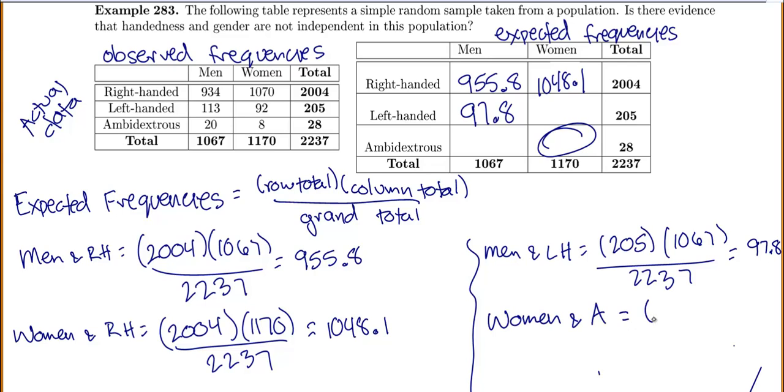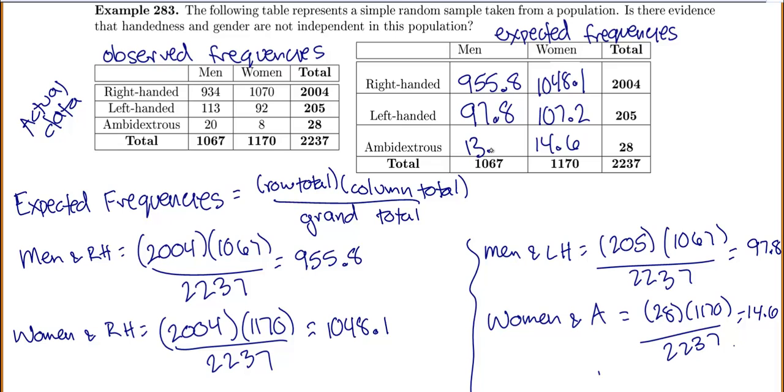So women and ambidextrous, that would be 28 times 1170 over our grand total. So this is going to give me 14.6. And then I'm going to just go ahead and hurry and do the other two with my calculator. So this would be 107.2 and 13.4.